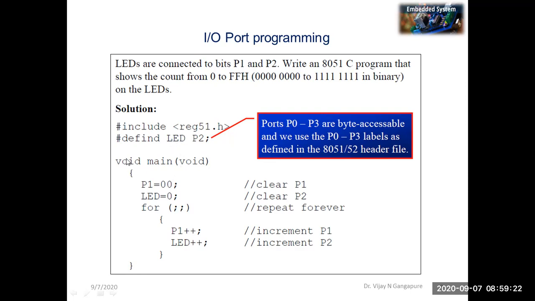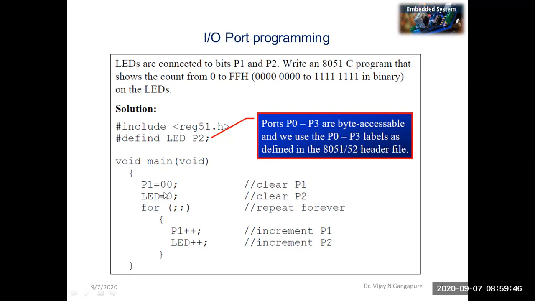Then the main function, void main void, and in between the opening and closing braces the program is written. P1 equals 0 0, which means I am clearing port 1, and LED equals 0. What is LED here? LED is nothing but port 2, because we have defined LED as port 2.